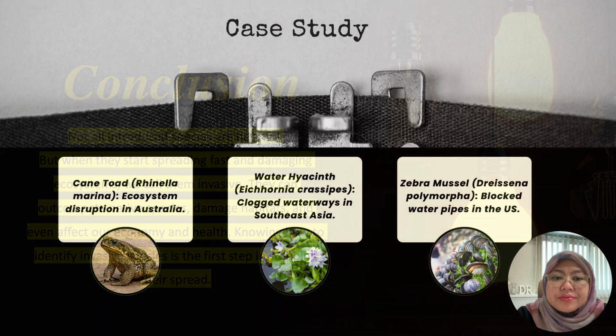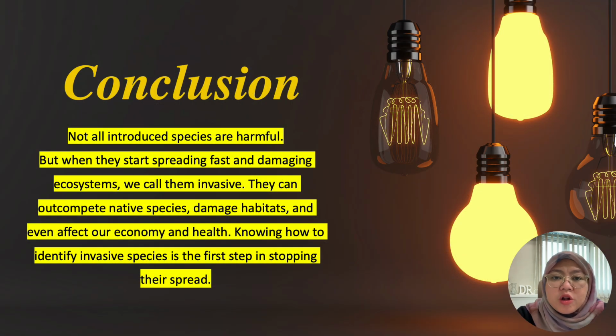biodiversity. Not all species are harmful, but some may be brought into a new environment and live there without causing any problem. However, when an introduced species begins to spread quickly and starts causing damage to the ecosystem, we refer to it as an invasive species.